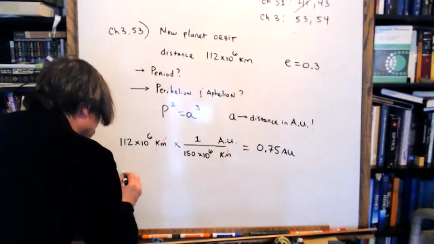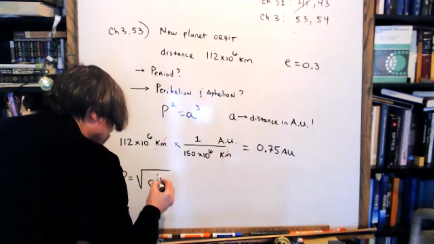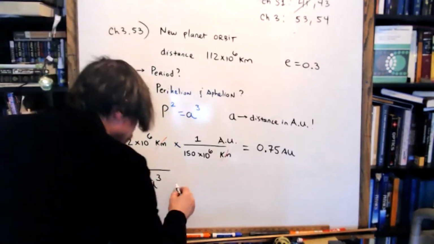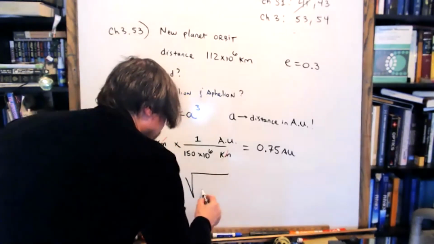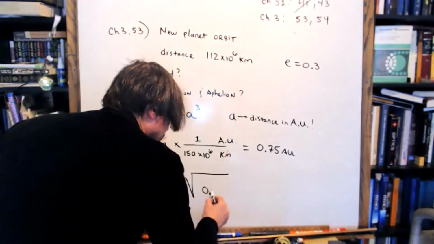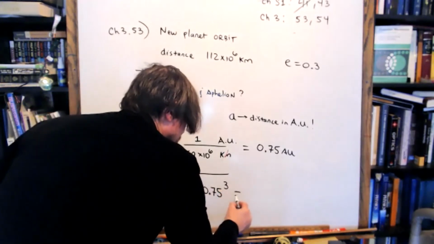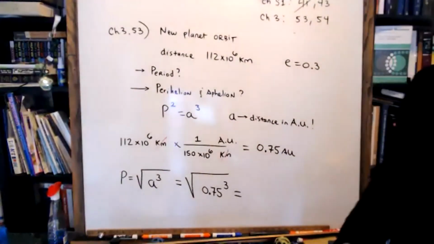I'm going to write p is equal to the square root of a cubed. P is then equal to the square root of 0.75 cubed. And now I'm going to show y'all how to do that on your calculators.